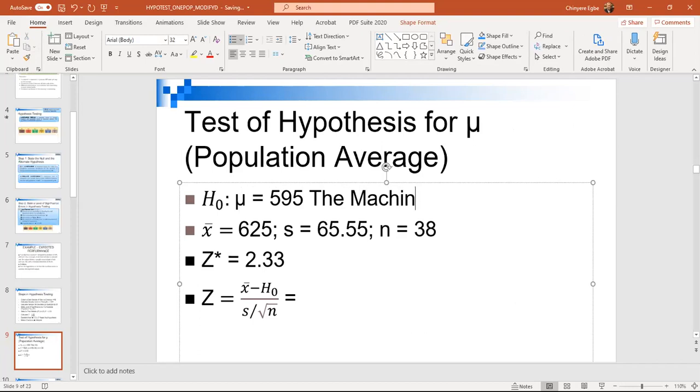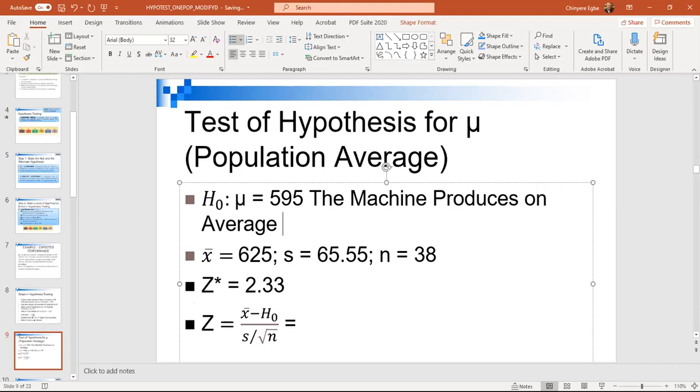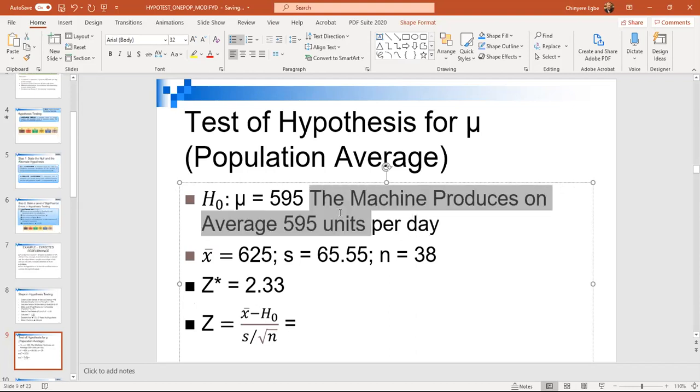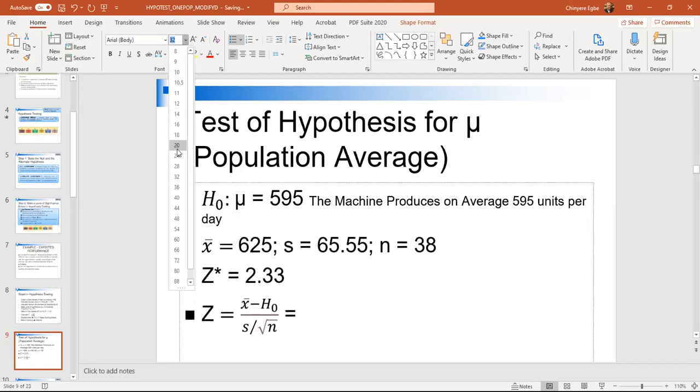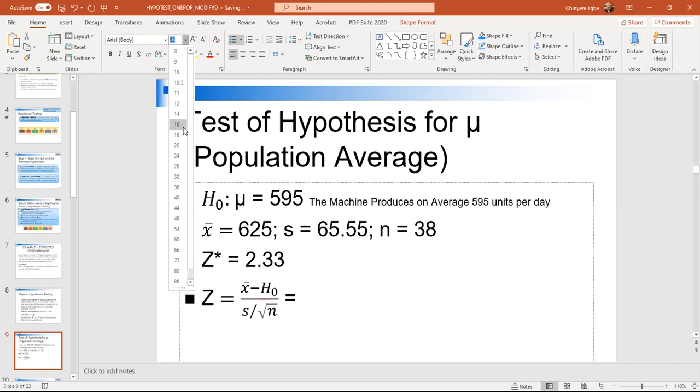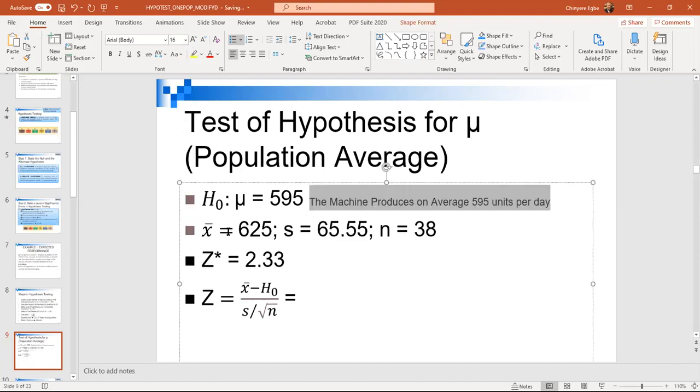The machine produces on average 595 units per day. That is the null hypothesis.